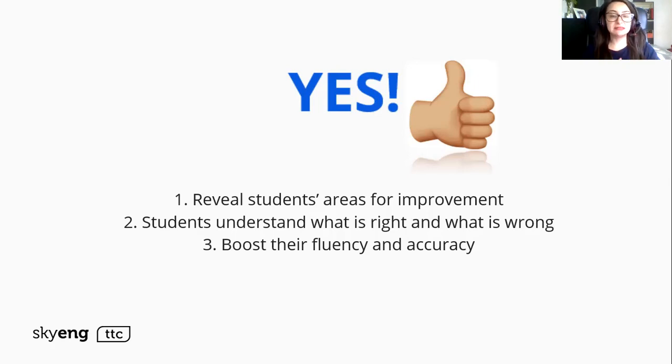You know that the ultimate goal of learning a language is the ability to speak it fluently and accurately. So with correction, we're actually working on improving our students' fluency and accuracy.